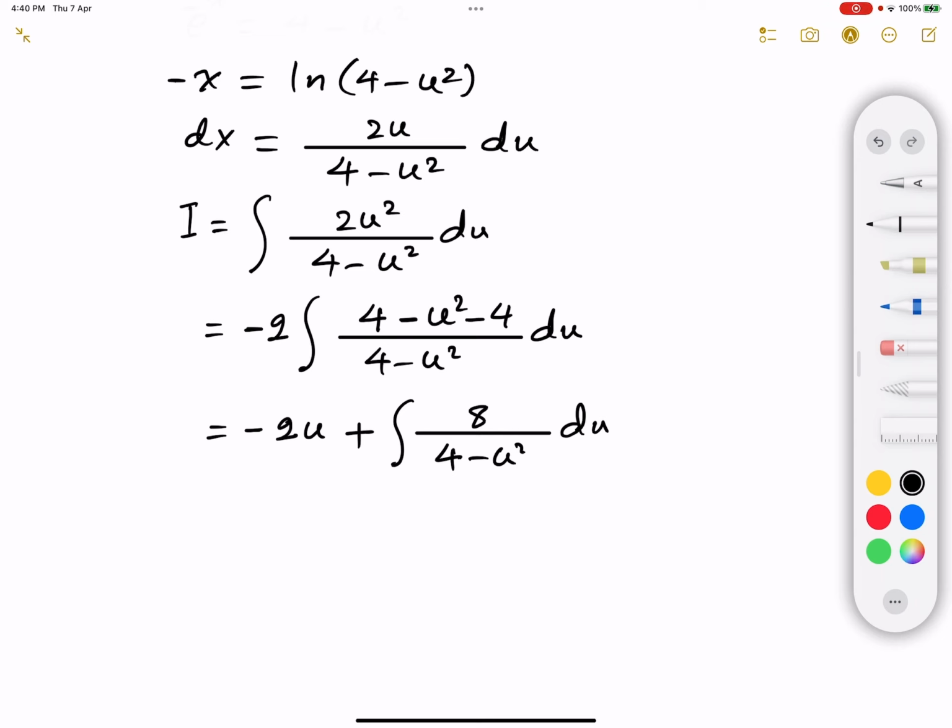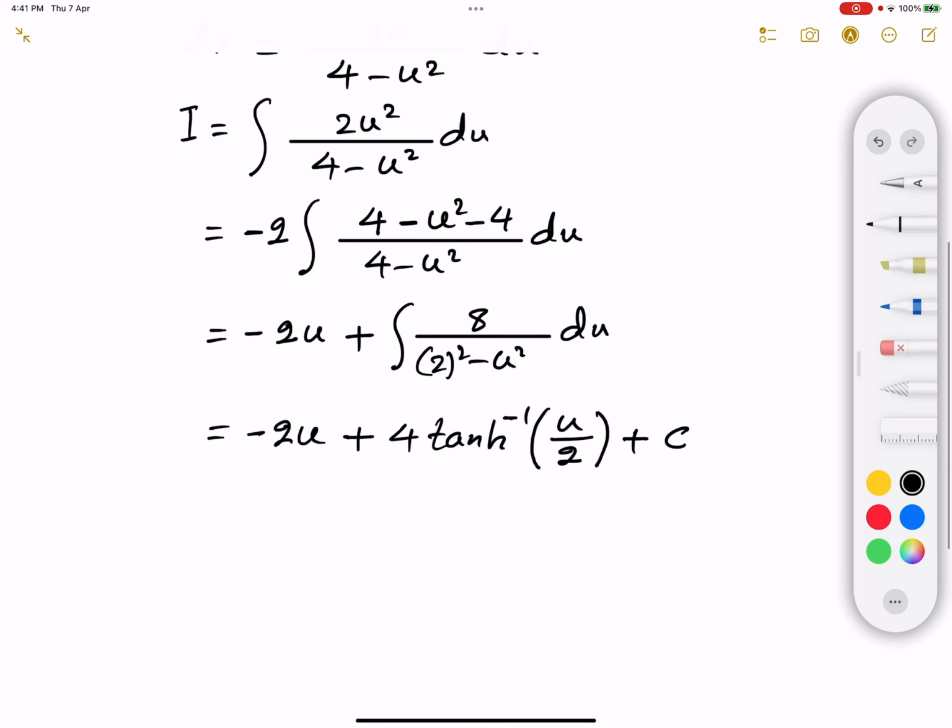So this can be rewritten like this. The 4 can be written as 2 squared, and then this is going to be equal to minus twice u plus, of course, 8 divided by 2, which is 4, the tangent hyperbolic inverse of u divided by 2 plus c. And then we can substitute back the value of u, and we're done, actually.